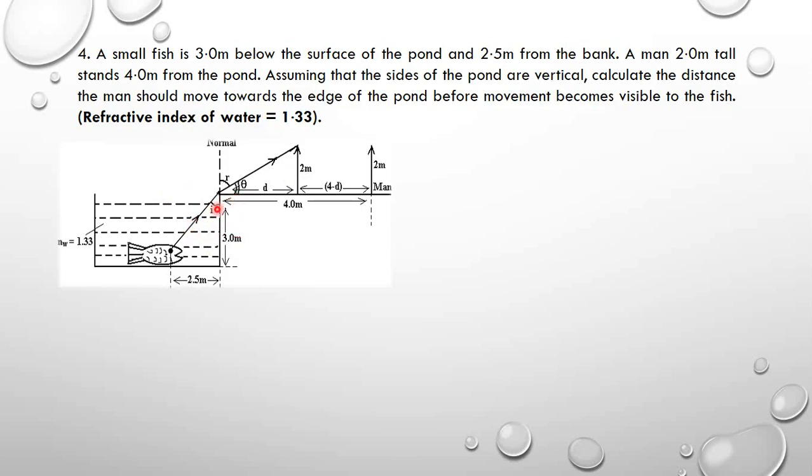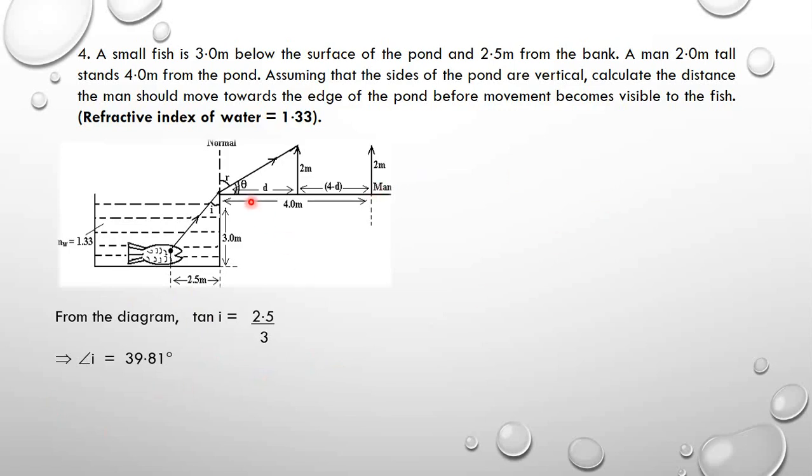So for us to get this I, we are going to use tan. So tan of I is equal to opposite, which is 2.5, divided by adjacent, which is 3.0. So we can get our I as 39.81 degrees. Using your calculator, you can get that.